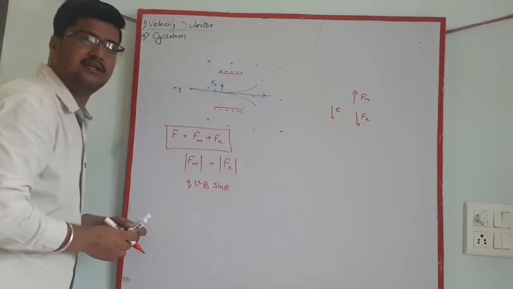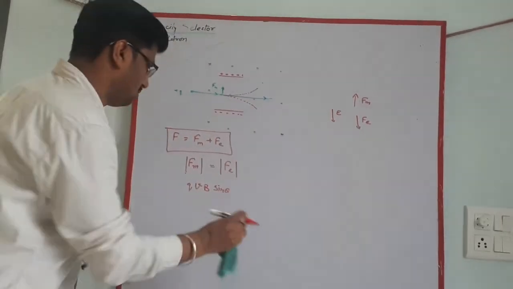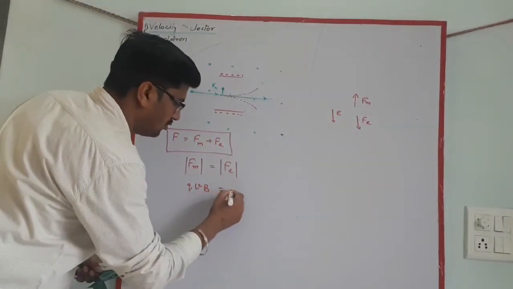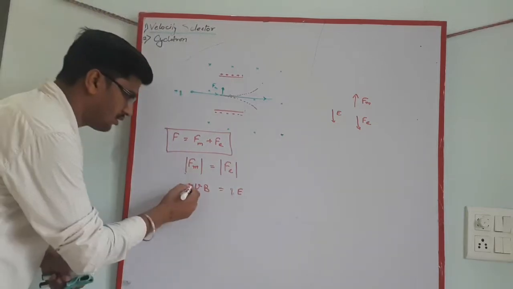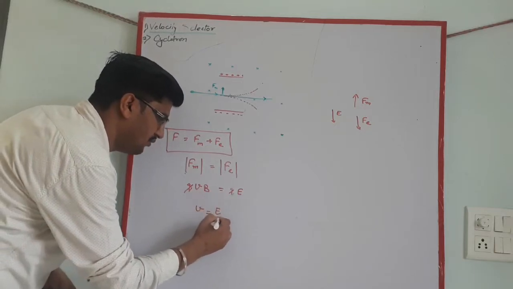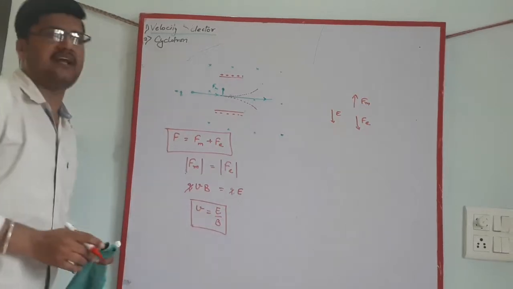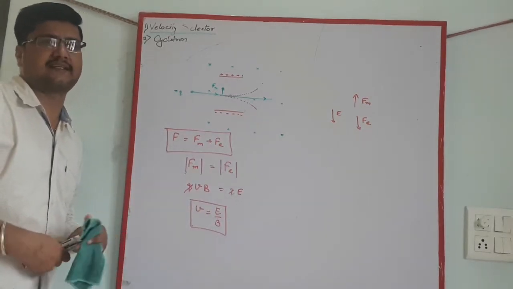Therefore theta is 90 degrees and sin 90 is 1, equal to qE. q gets cancelled with q. v is equal to E upon B. This ratio of electric field to magnetic field is known as velocity selector.